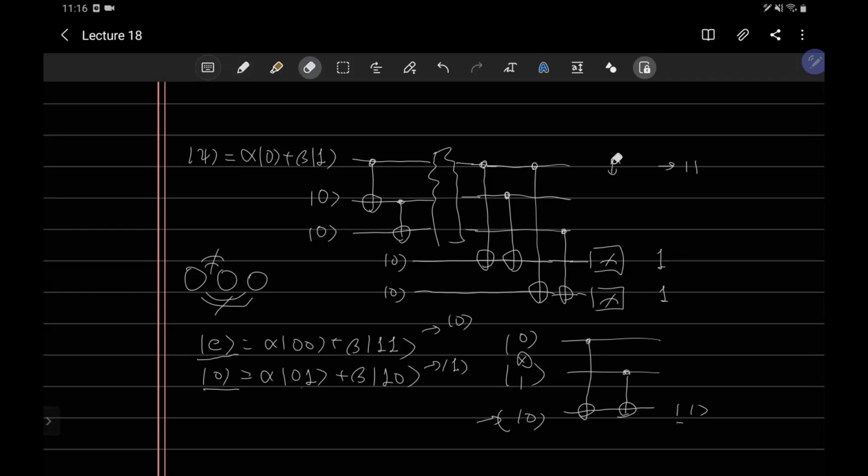Then what about the second case, where the second qubit is flipped? In this case, the first syndrome will be flipped to 1, but the second syndrome won't be flipped. So in this case, I will obtain some value like this one.